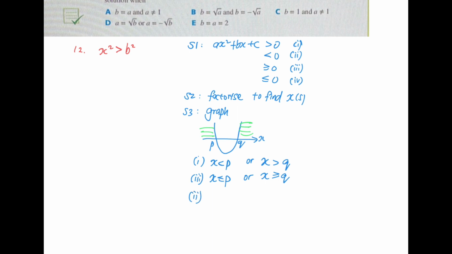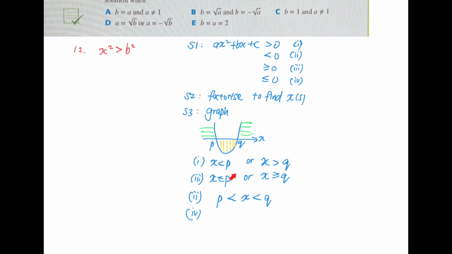For case 2, this is case 3, this one case 3. For case 2, as you can see, case 2 is less than 0. Less than 0 means we take below of the x-axis. And when you write the answer, we write like in between p and q, like this.